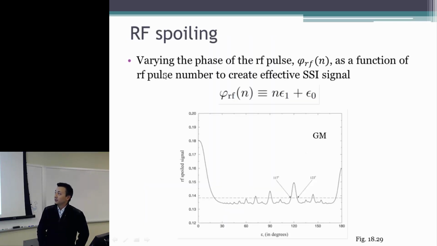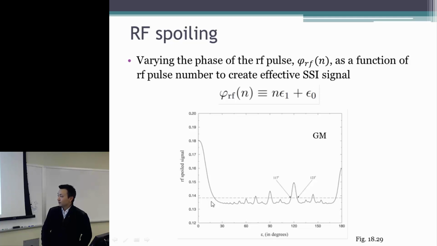And the other way is to do the RF spoiling. RF spoiling is more like a special case of the SSC signal. Basically, it's still SSC, but it behaves like SSI. RF spoiling varies the phase of the RF pulses for different RF pulses, so as to create an effective SSI signal.